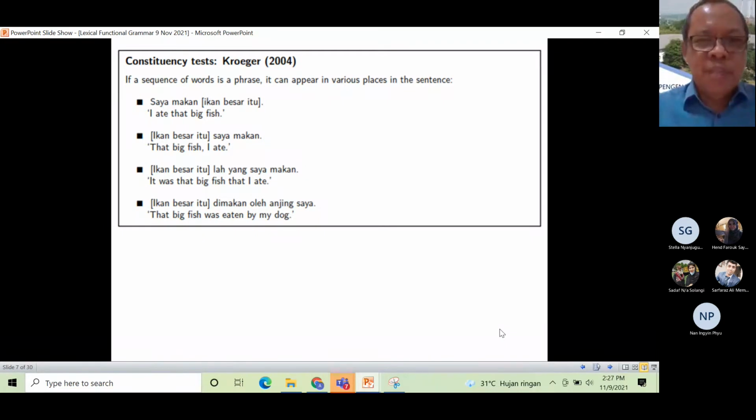Ikan besar itulah yang saya makan. It was that big fish that I ate. So in bahasa Indonesia, ikan besar itu is a phrase because it can move to different positions.